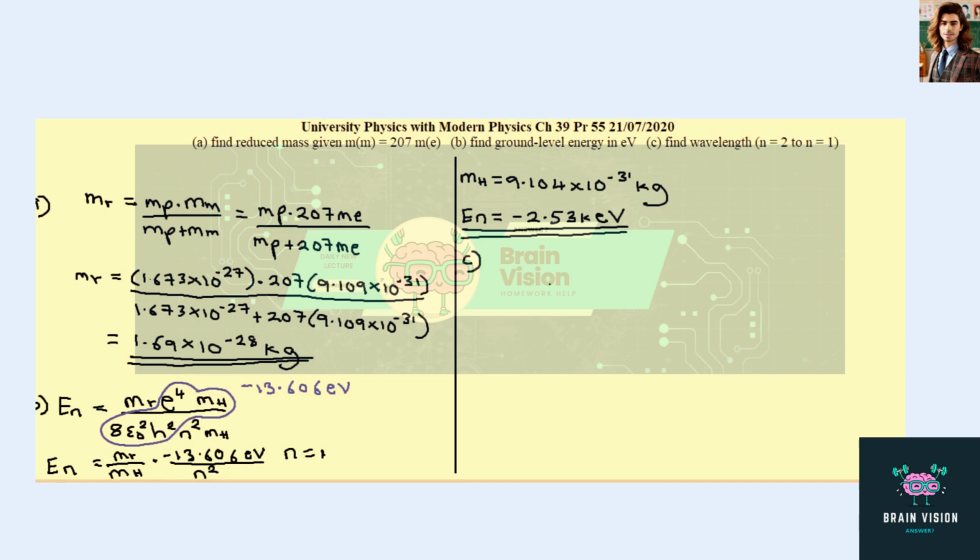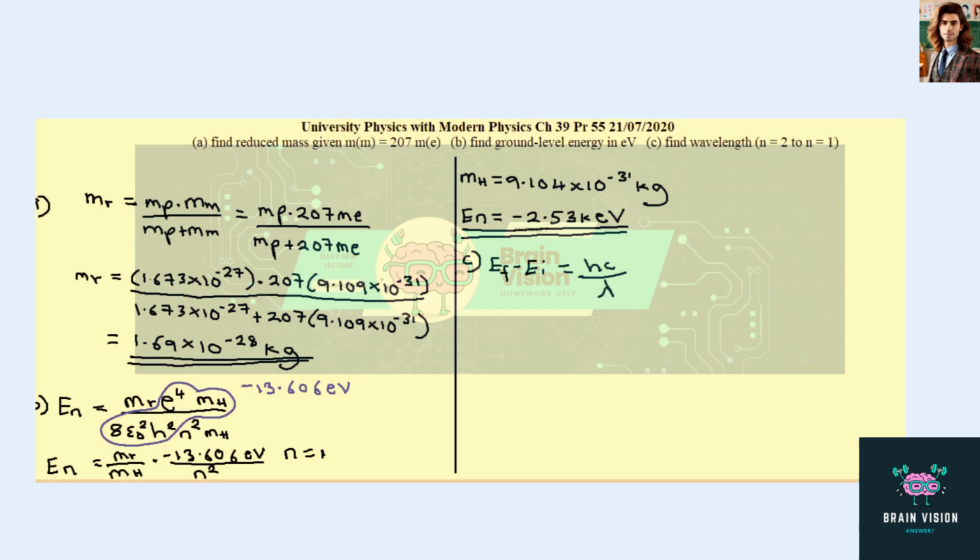We now come to C, where we are to find the wavelength of the transition from n equals 2 to n equals 1. And we are going to resort to the idea that the change in energy during the transition is equal to hc over lambda, where lambda is our wavelength in meters.